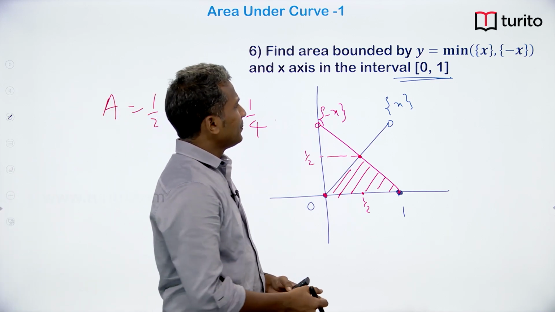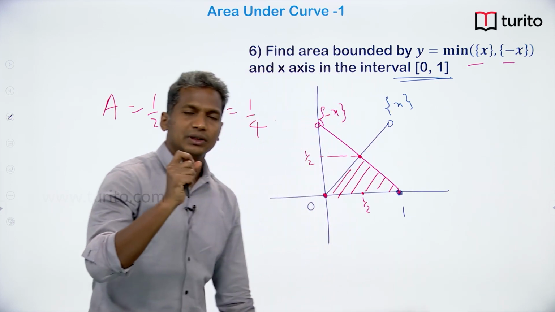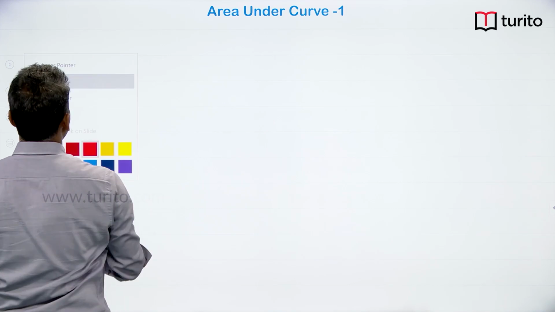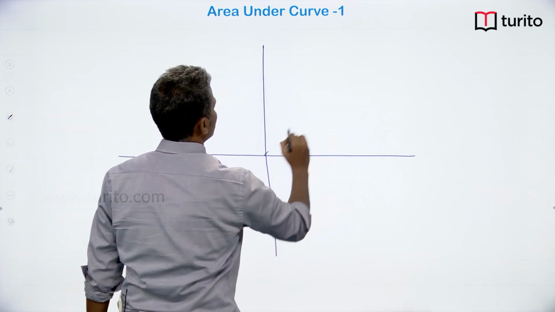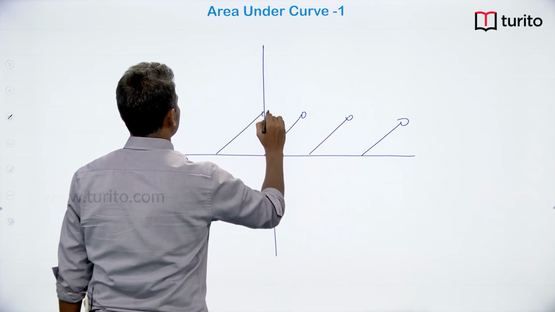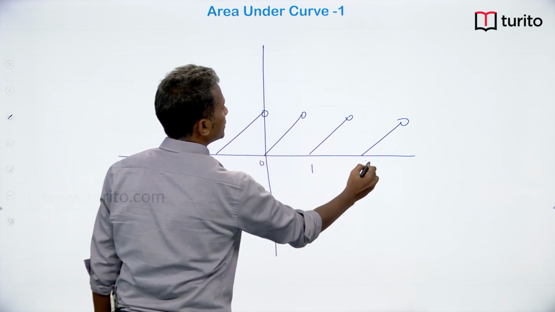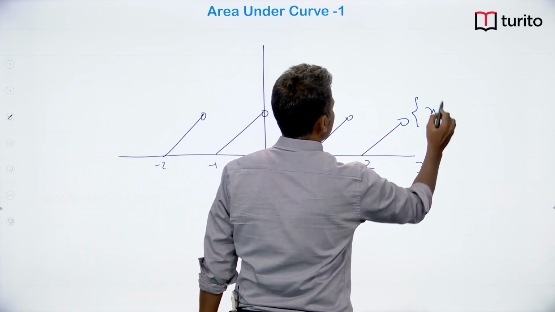Okay. Now that we have written these two functions, I will also talk about one simple tip here. If we have the function y equal to bracket x as this, let us say this is minus 2, minus 1, 0, 1, 2, 3 and this is bracket of x.